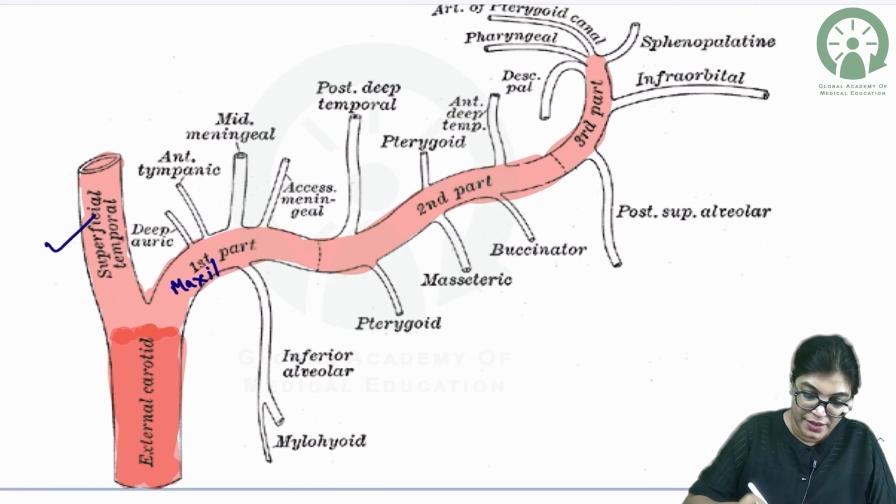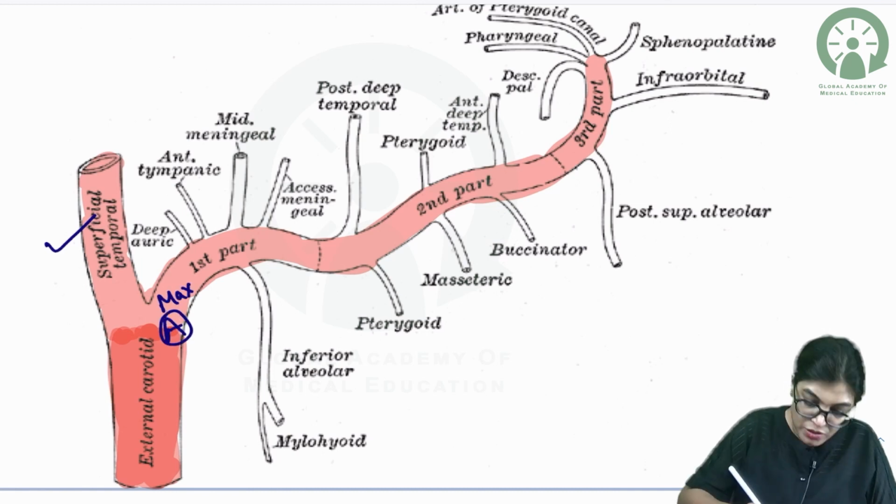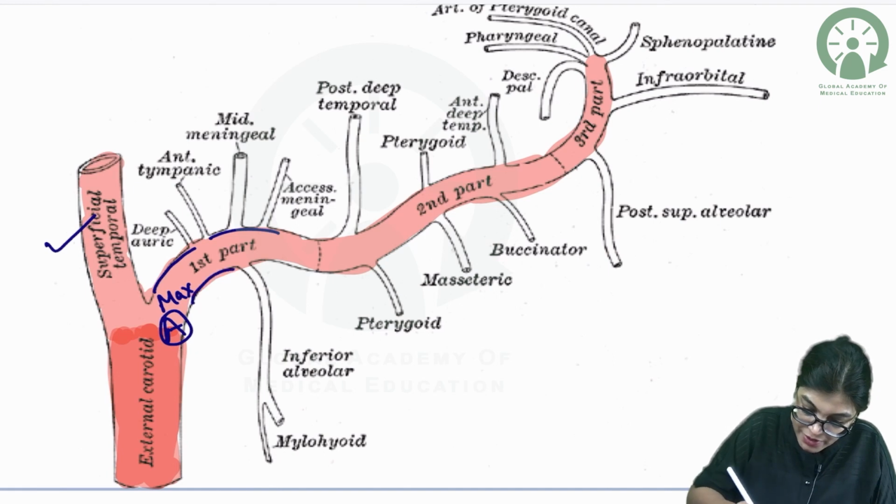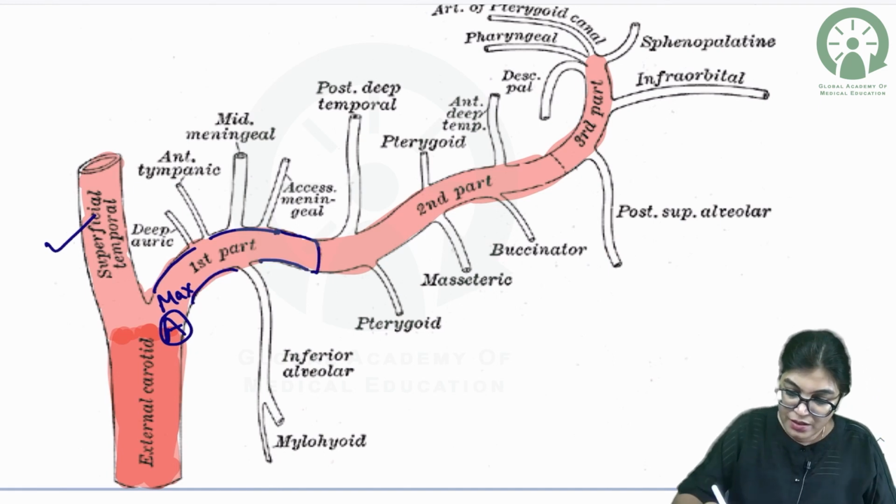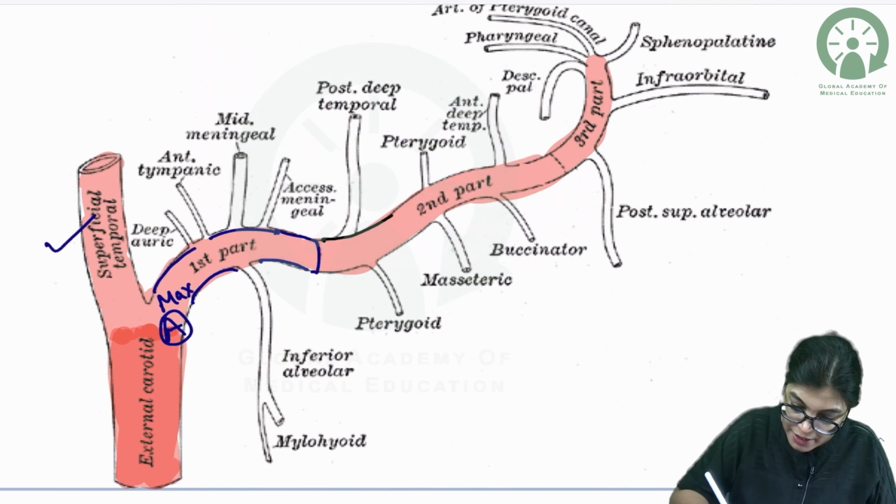I will write MA for maxillary artery. This is the first part of the maxillary artery. This whole portion is the second part.